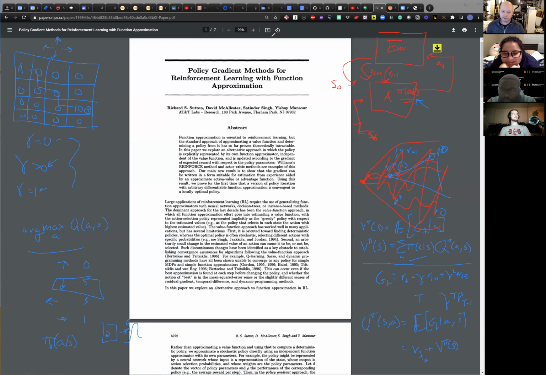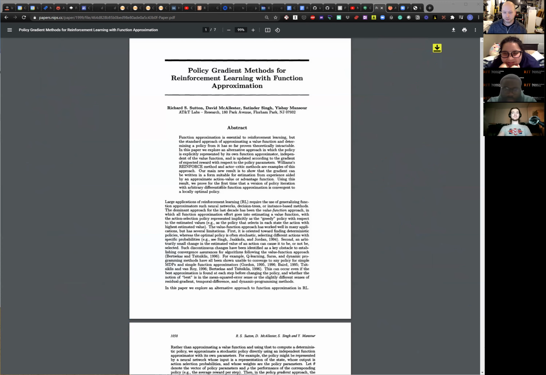But say you have a policy. Let me clear this out because it's getting a little messy. So you have some neural network, and this represents your policy. You put in some stuff, and then you get out the action, or you get a distribution of the action.